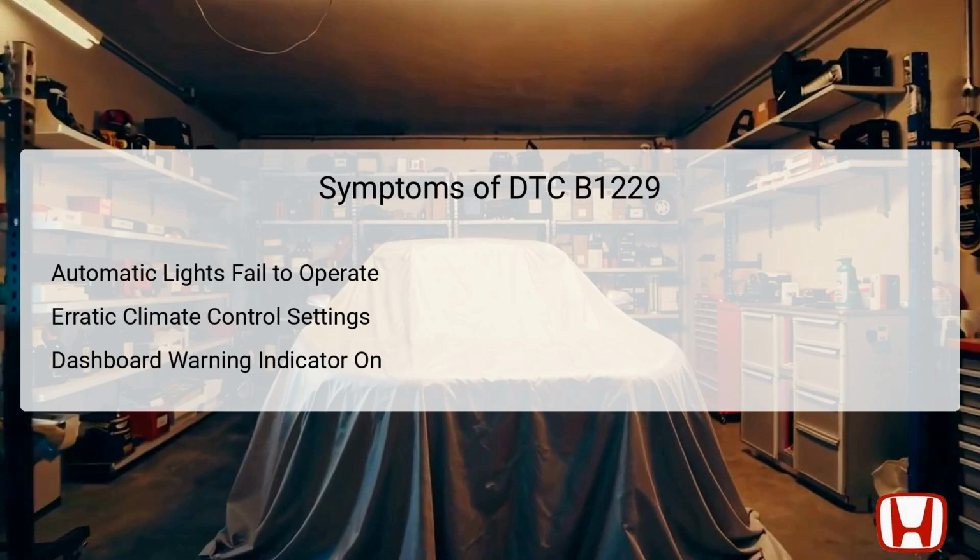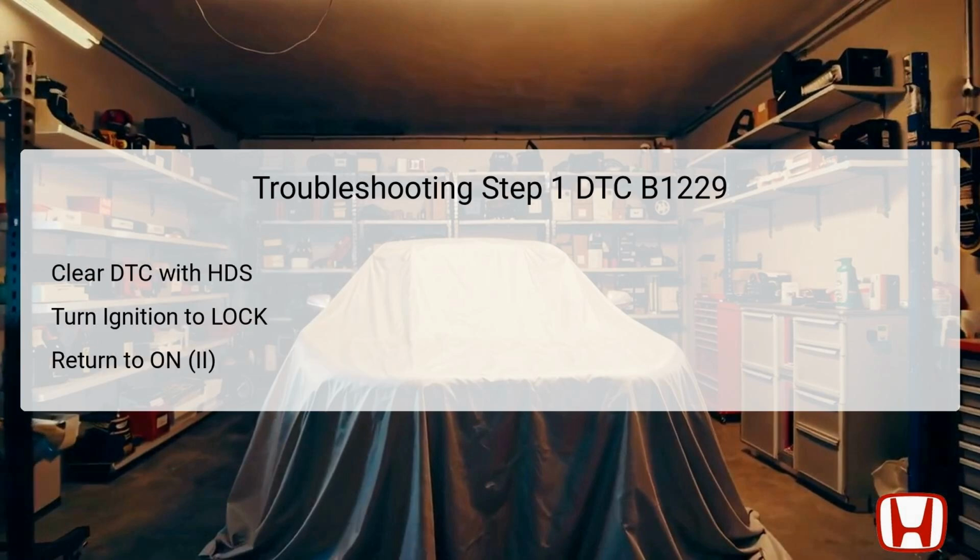The first step in troubleshooting DTC B1229 is to clear the diagnostic trouble code using the Honda Diagnostics System, HDS. This specialized tool allows technicians to reset the vehicle's computer system, erasing the code from its memory. Subsequently, you must turn the ignition switch to the lock position, denoted as 0, and then switch it back to the on position, marked as II.